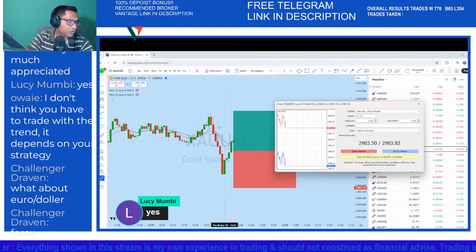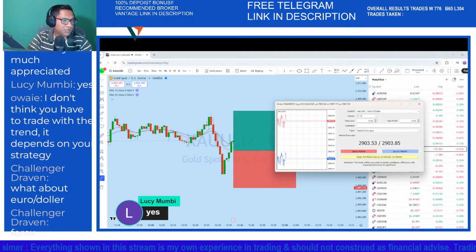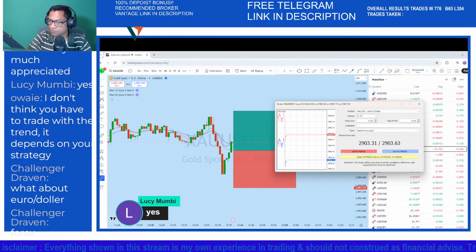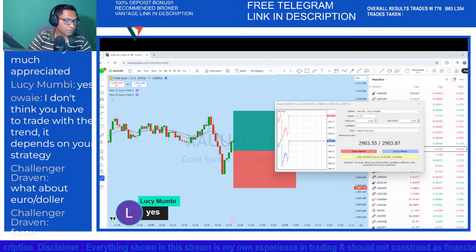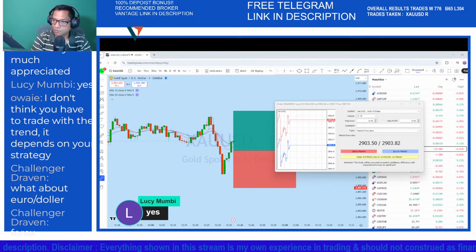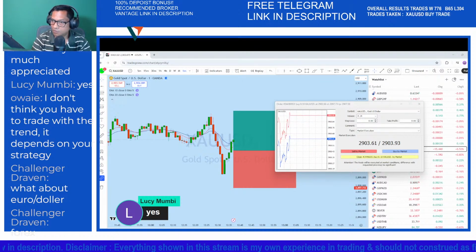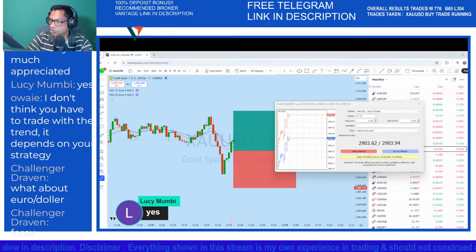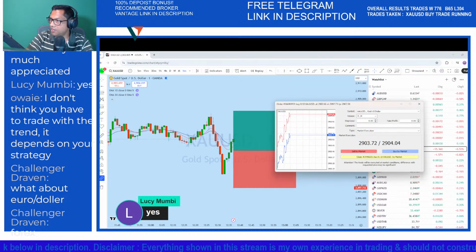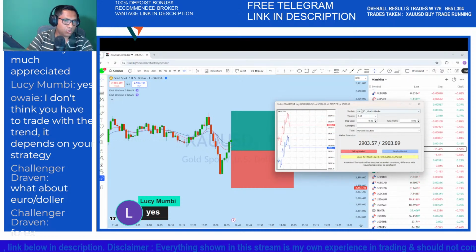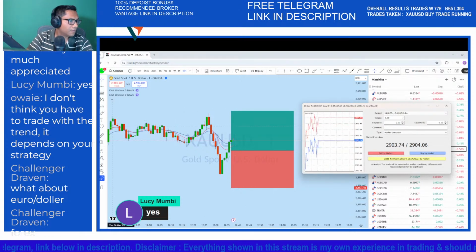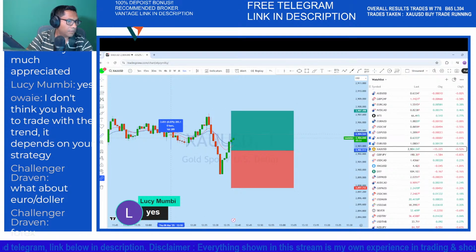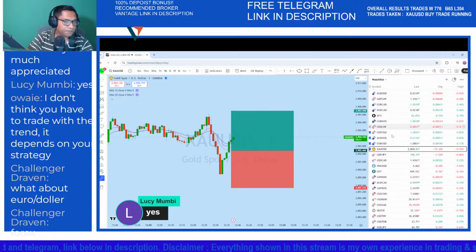Moving in the direction, we are up a couple of pips. So buy trade running on XAUUSD, and we are up quite a few pip, around 20 pip up.